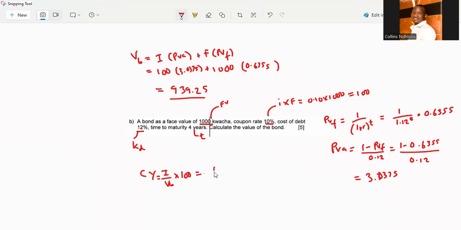So here it will be 100 over 939.25 times 100. So what do you get?